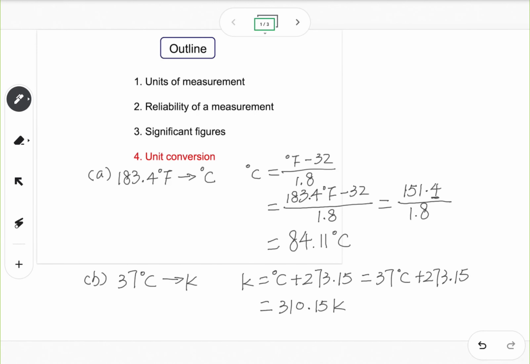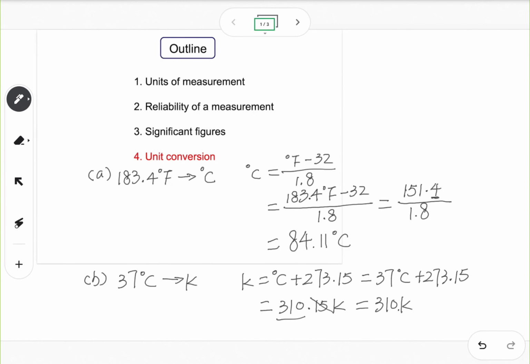As I mentioned a moment ago, you ignore the decimal places of the constant, since 37 has no decimal place. So we just drop the tail and keep this part, which gives us 310 K. Of course, this is ambiguous because it has an implied decimal point, so we should use scientific notation.